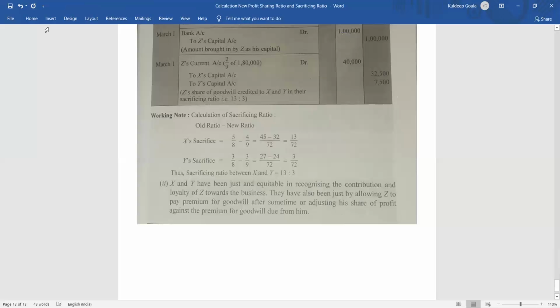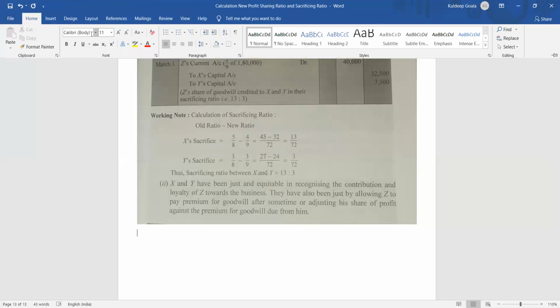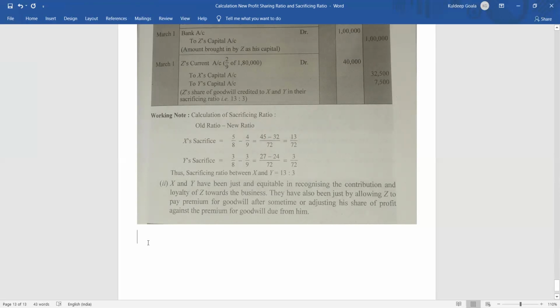What you have to do is find out what is going to be Jed's share of goodwill. The total value of goodwill was how much? Rupees 1,80,000, isn't it? 1,80,000 multiplied by how much was his share? 2 by 9, isn't it?